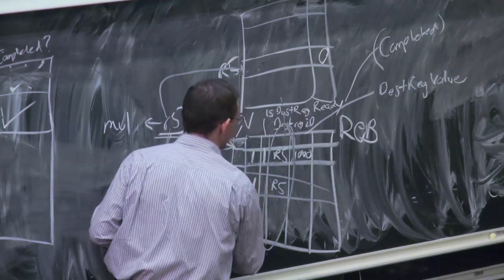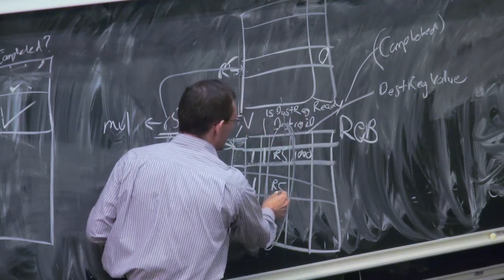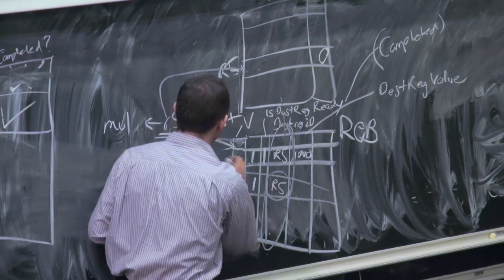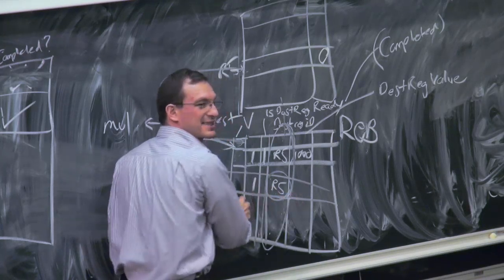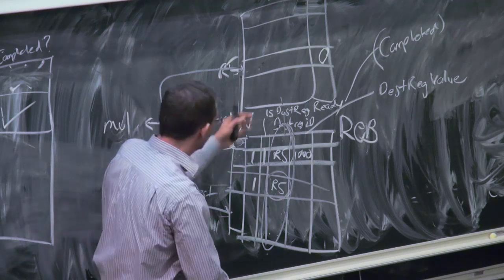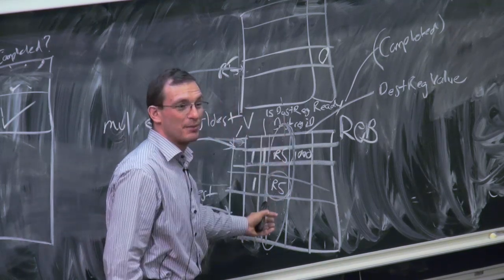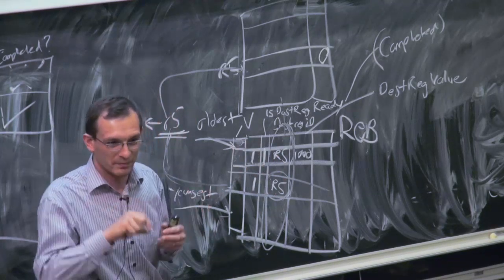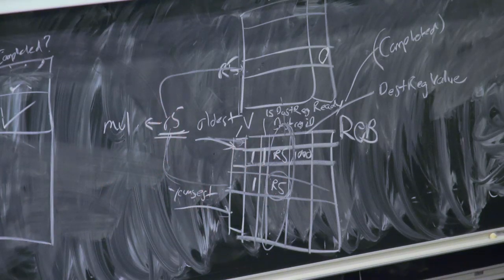You really need to get the youngest value of R5, from the last instruction that is writing to the register. So it's a content-associative search, but a little more complicated because it's really an age-based content-associative search. So this is a tough thing to do. We're going to try to solve this problem.